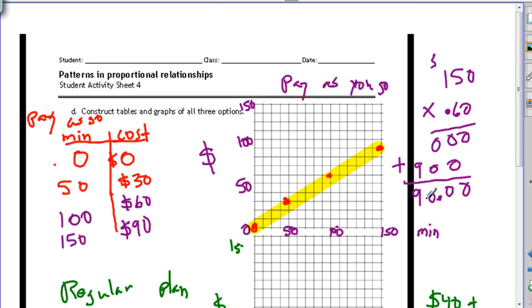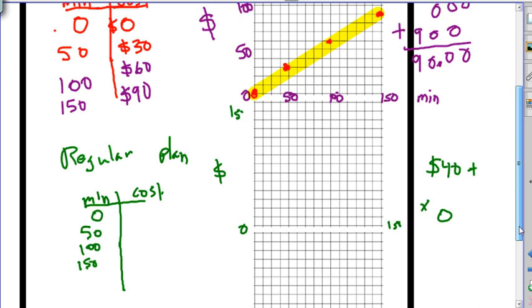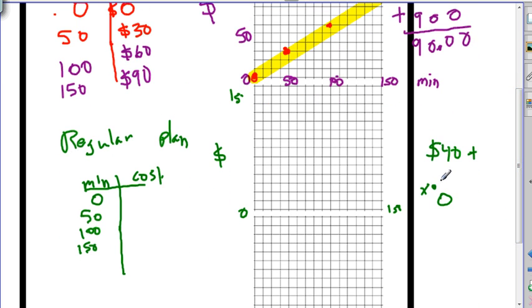So 0 times 0.20, and multiply it. That's going to get me 0, okay? So $40 plus 0, if I use 0 minutes, it still costs me $40, okay?